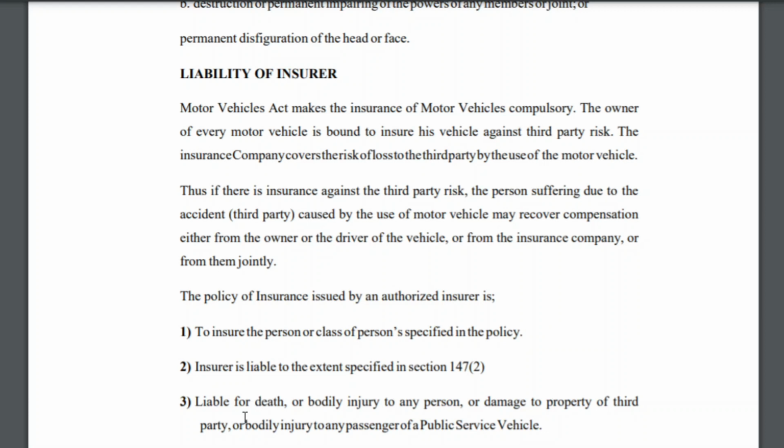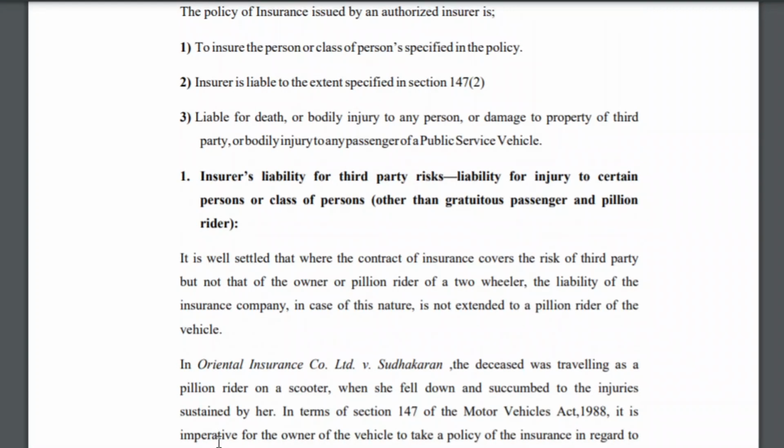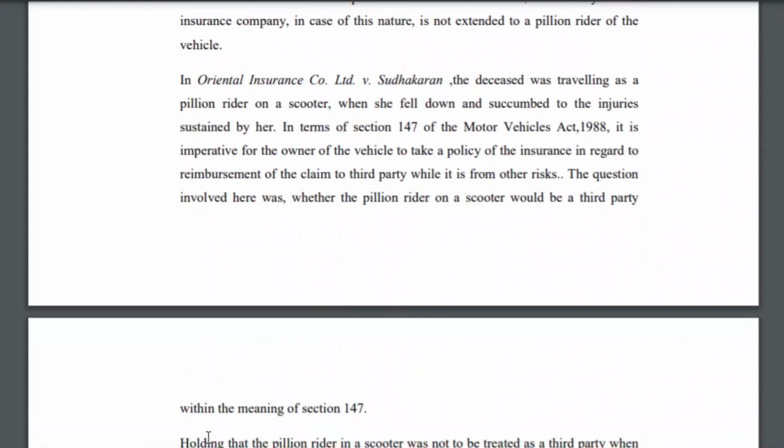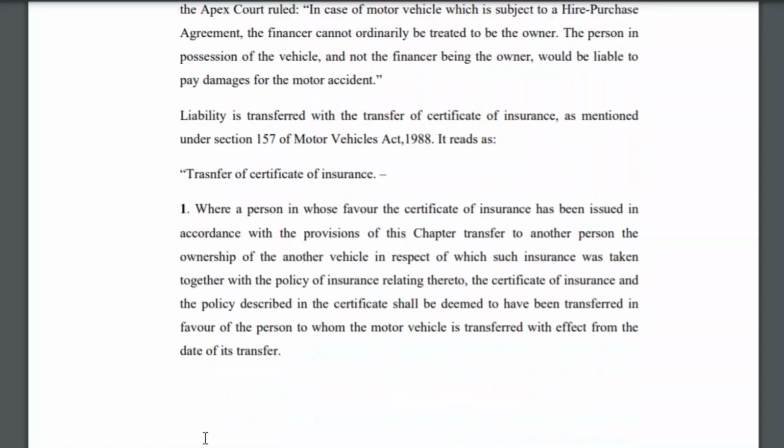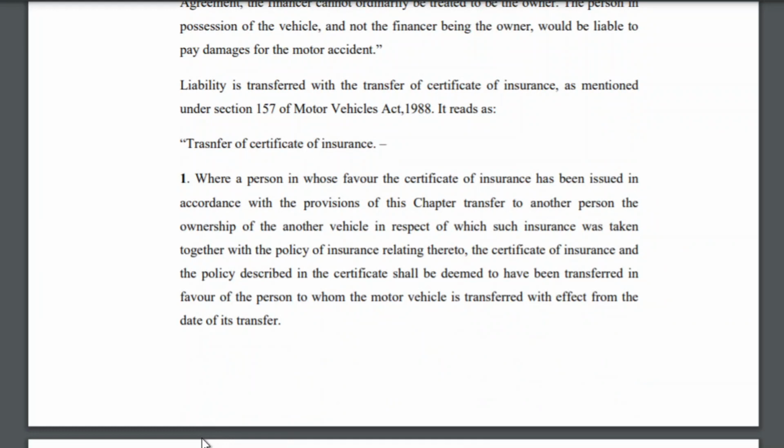So overall, under the Motor Vehicles Act of 1988, these are the significant features. The first is that it is made to take care of the increasing number of both commercial and personal vehicles in the country.